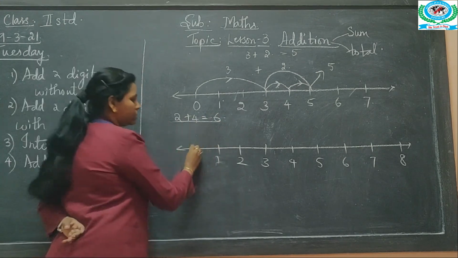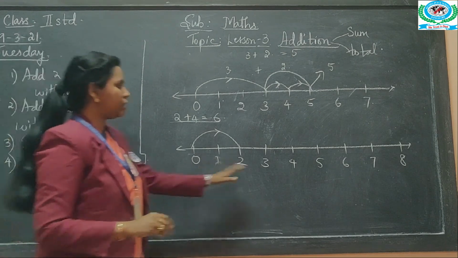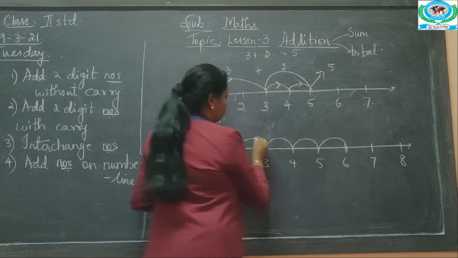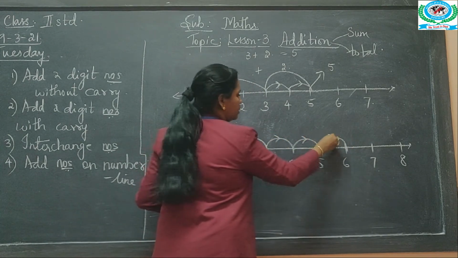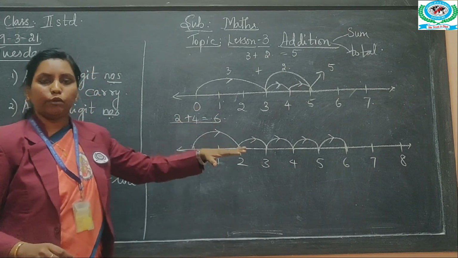The first jump was till 2. Then the next jump is 1, 2, 3 and 4, all small jumps. It was like 4 jumps. So what is the end product of this?